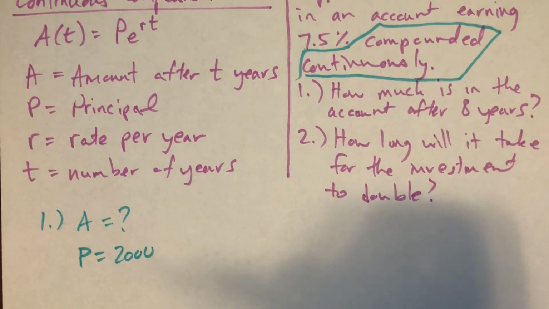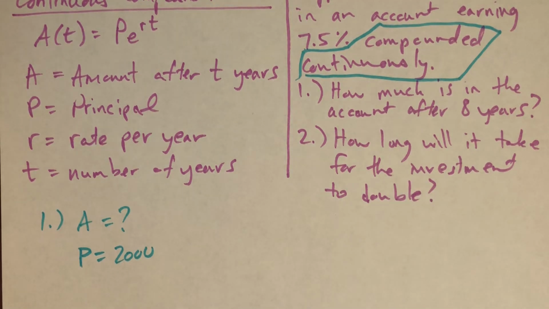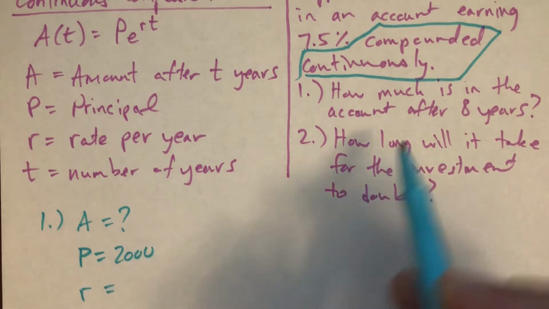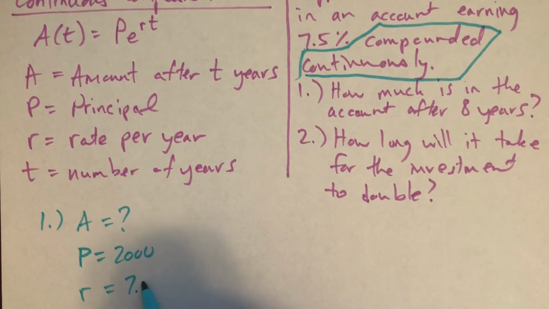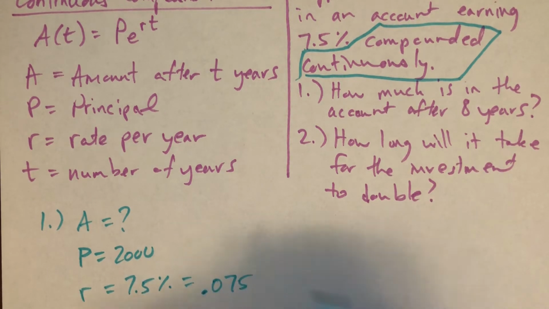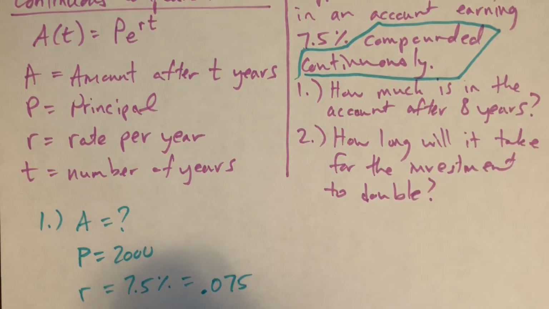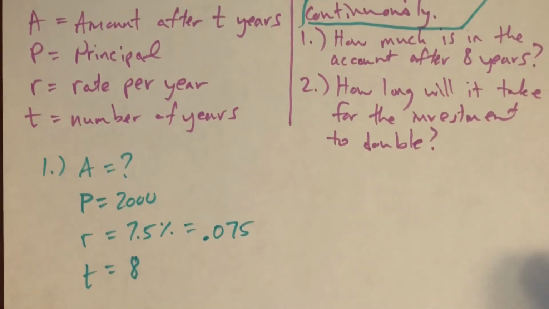Then the rate, this is per year, 7.5%. And we're going to want to write 0.075 for that. And then our T is our time. We're going to have 8 years for this one.